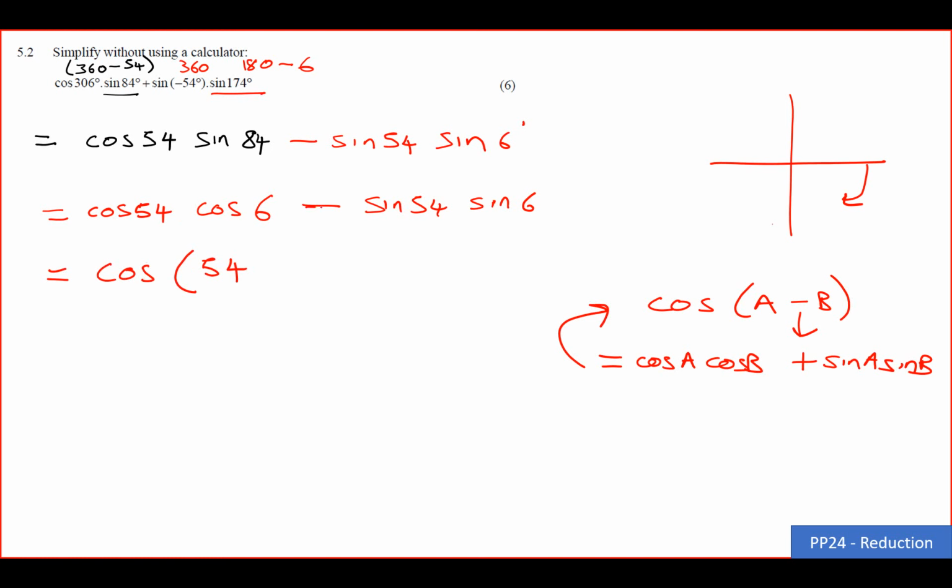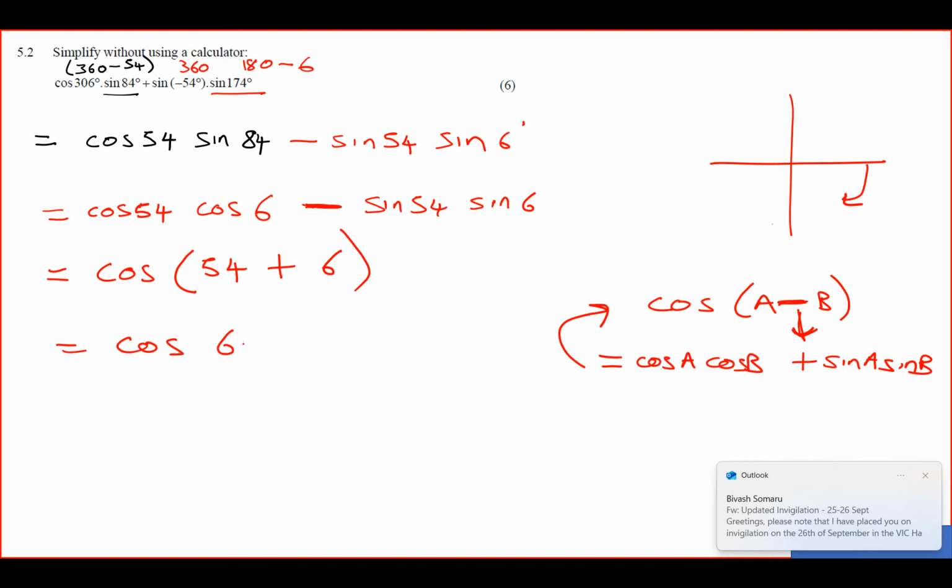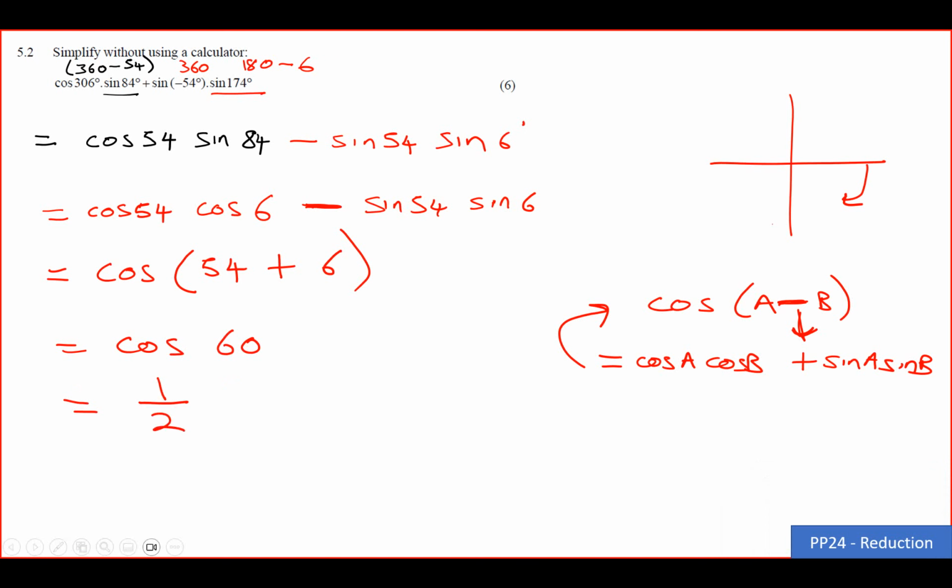In this case, because we've got a minus, the minus must change to a plus, and that will give us cos of 60 degrees. And that is a special angle. And cos of 60 is equal to half. And here we have it.